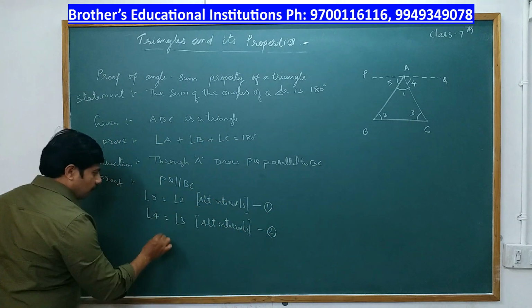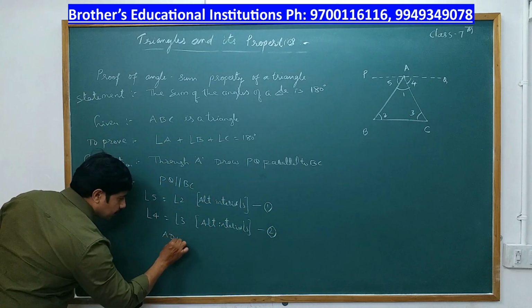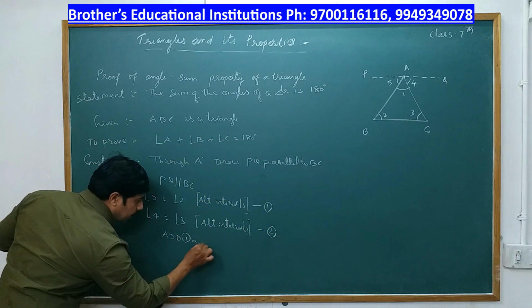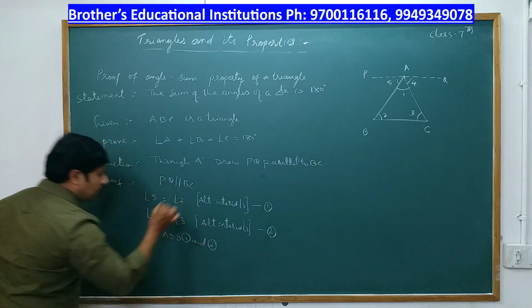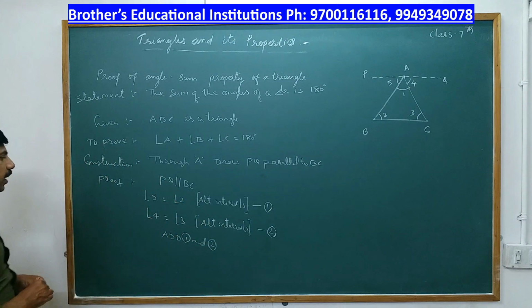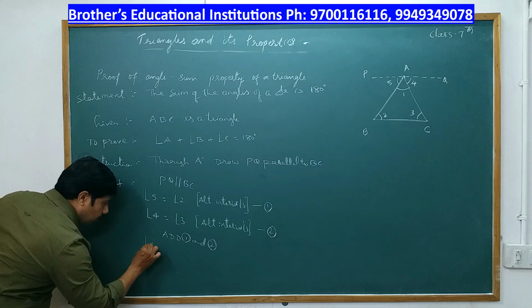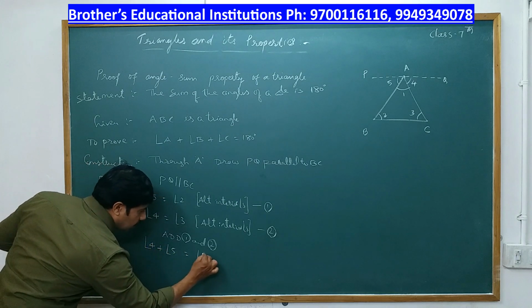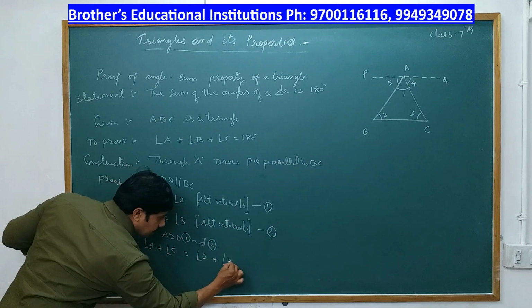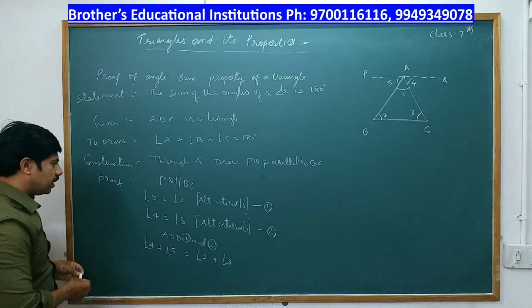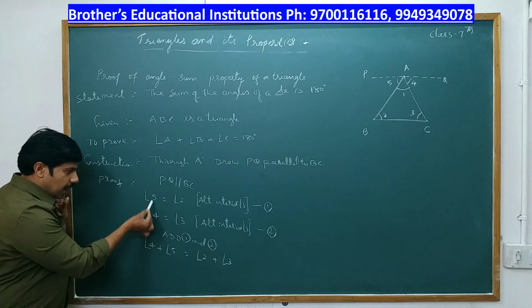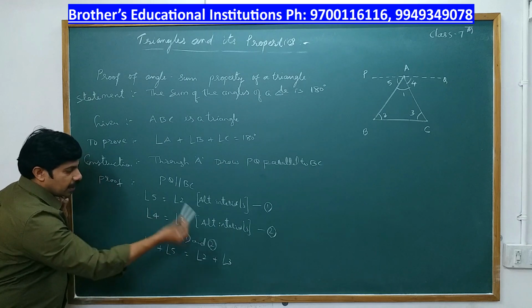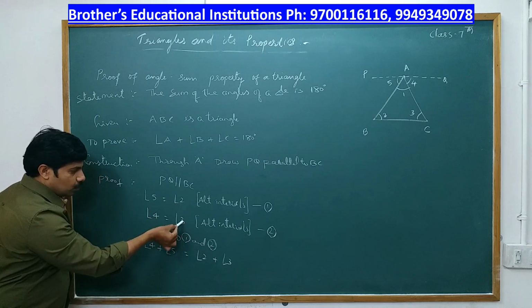So now we add 1 and 2. If we add, we get angle 4 plus angle 5 is equal to angle 2 plus angle 3. See how we added: left hand side terms we add together, 4 plus 5, right hand side terms add together, 2 plus 3.